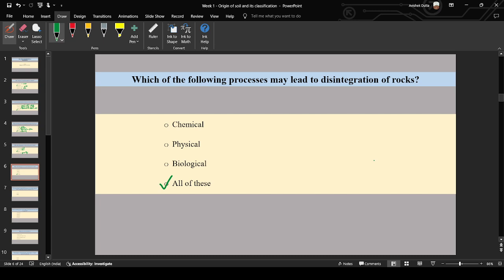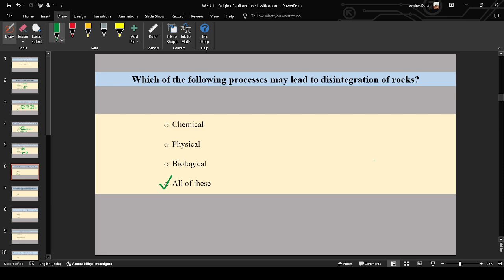For example, an external force acting upon a rock mass that breaks it physically without any change in the chemical composition. So that is the physical change in the rock mass. The disintegration can be biological also, by the action of microorganisms or any other creatures that might lead to weathering and subsequent erosion of rock mass, which in general sense we can say disintegration of the rock mass.